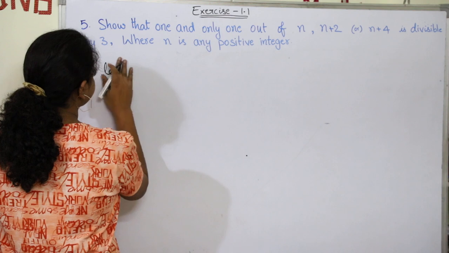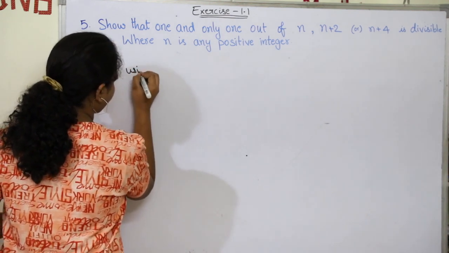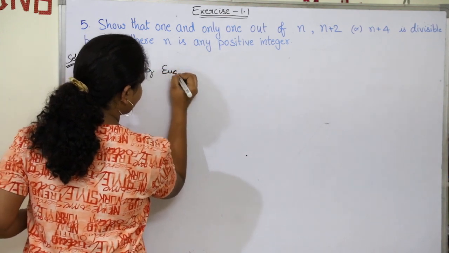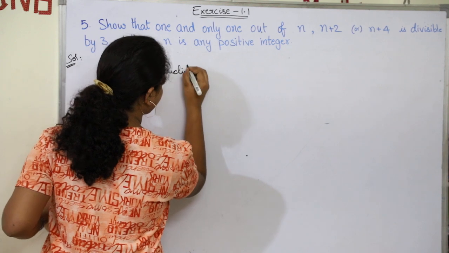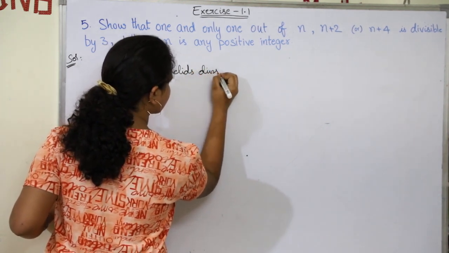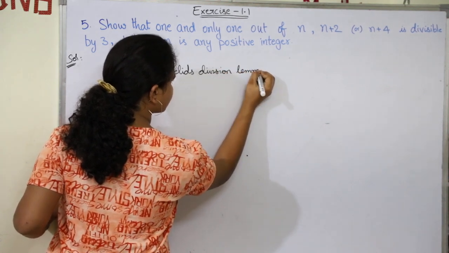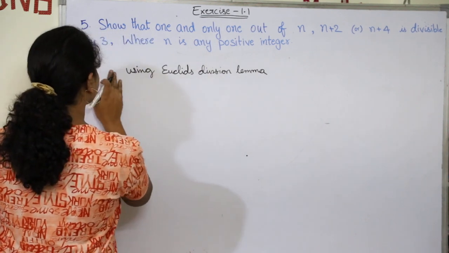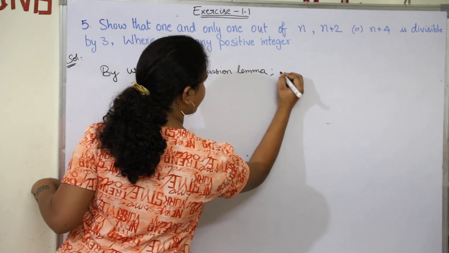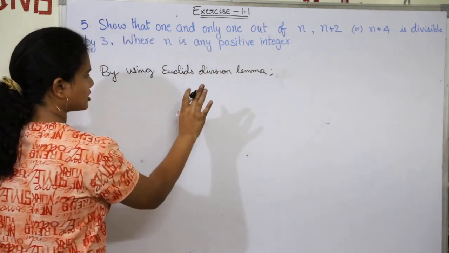Firstly, by using Euclid's division lemma, let n be any positive integer.